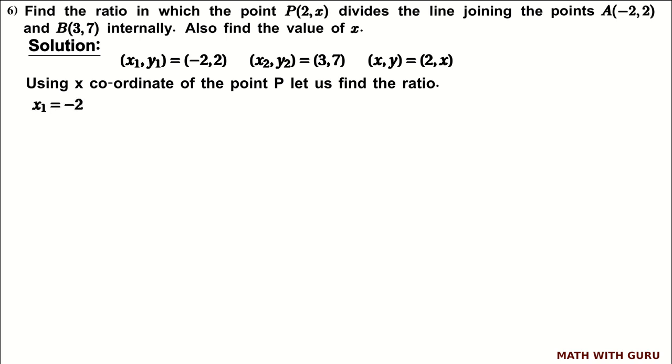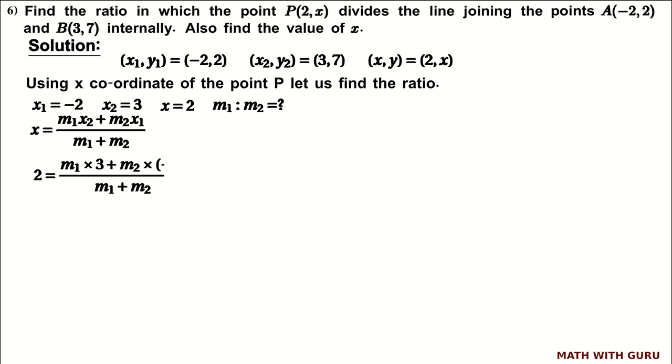x1 equals -2, x2 equals 3, x equals 2. m1 is to m2 we need to find. x equals (m1 x2 + m2 x1) divided by (m1 + m2). 2 equals (m1 into 3 + m2 into -2) divided by (m1 + m2).